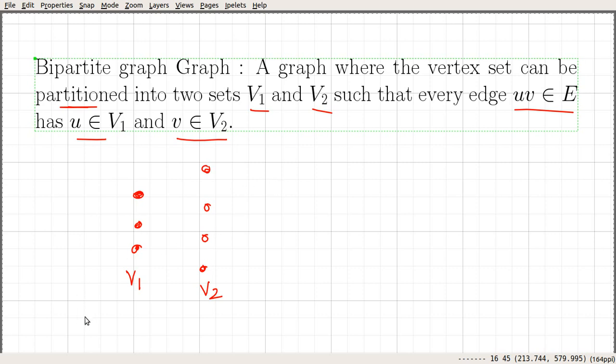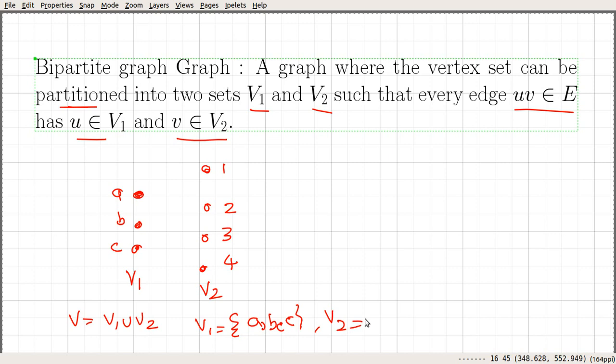So in this case, our vertex set will be V1 union V2. Let me label this as A, B, C, 1, 2, 3, 4. So in this case, V1, the first partition, contains A, B, C, and my second partition contains 1, 2, 3, 4.